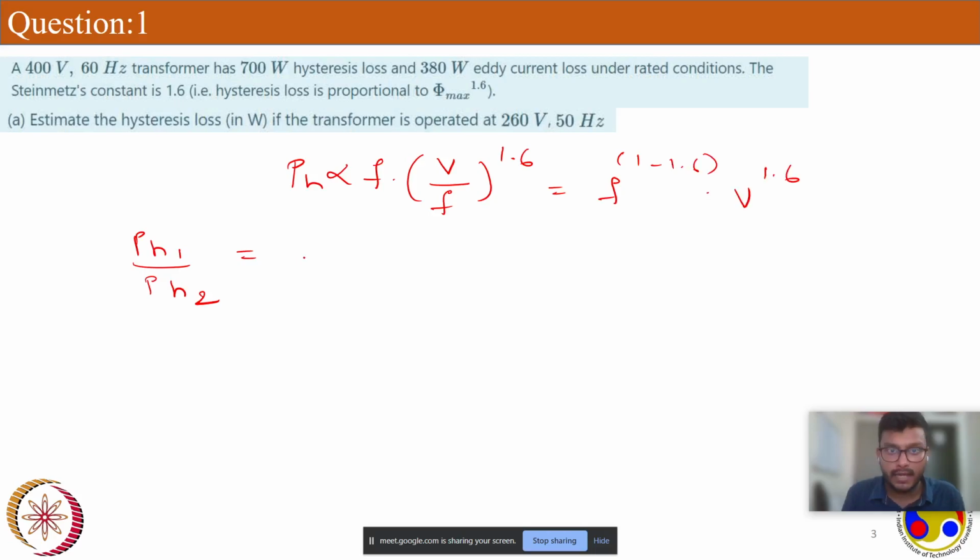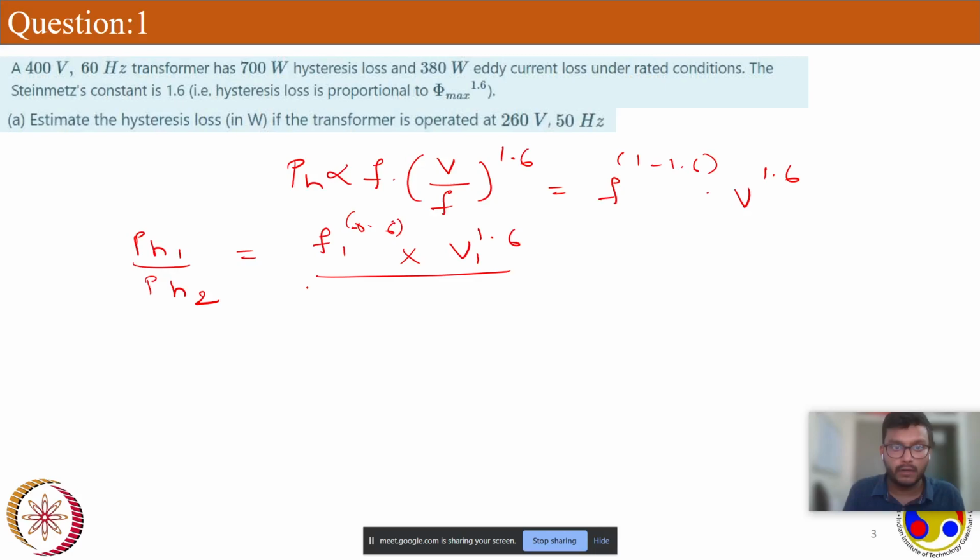Now, please calculate this. F1 to the power minus 0.6 into V1 to the power 1.6 divided by F2 to the power minus 0.6 into V2 to the power 1.6.